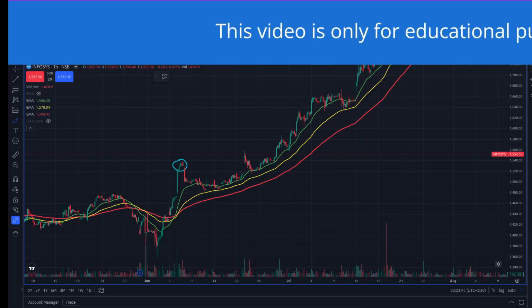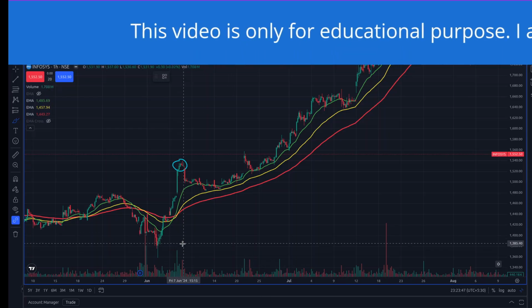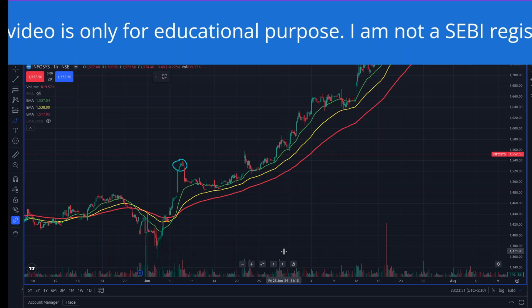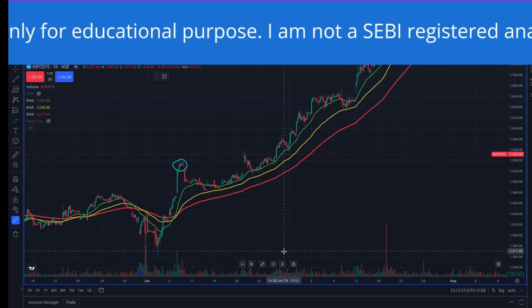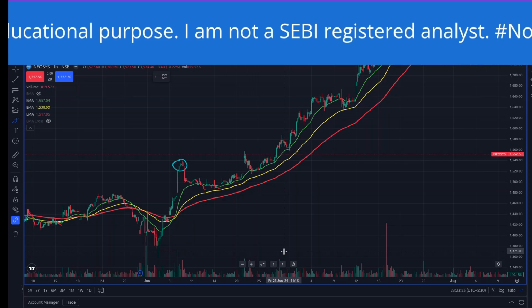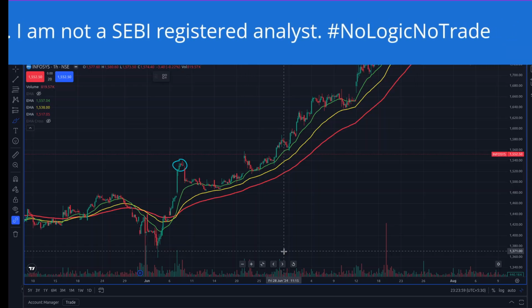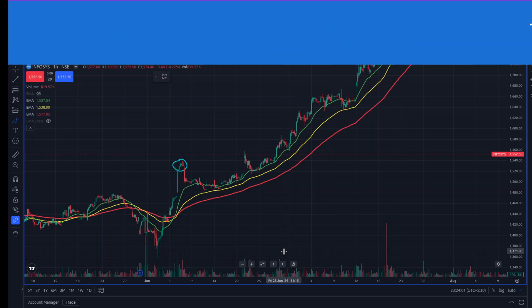So that's all, friends. You can also combine the EMA charts with volumes and RSI, or maybe other candlestick patterns, to generate another high probability trade. But even if you are not doing anything else, this simple setup will help you make money in the longer term.